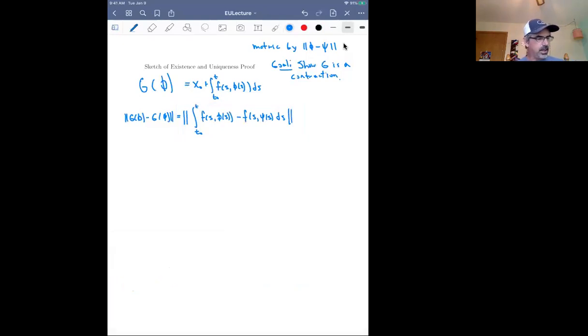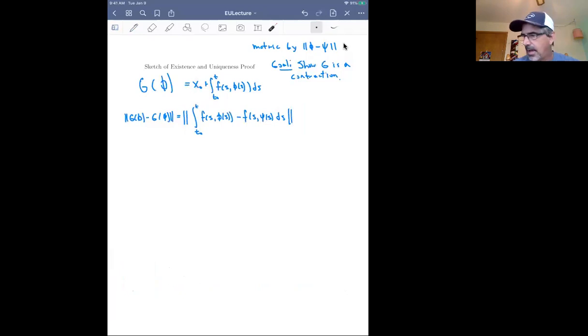Again, what just happened there? Not a whole heck of a lot. All I did was subtraction, and when I subtract, the x zeros cancel out. And because we're subtracting, I can combine those two things into one integral.